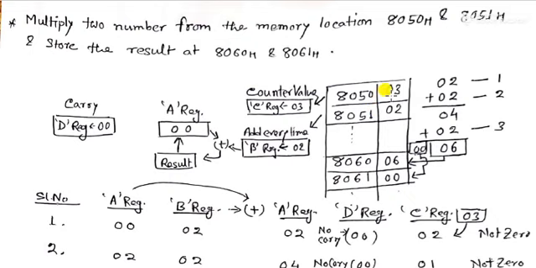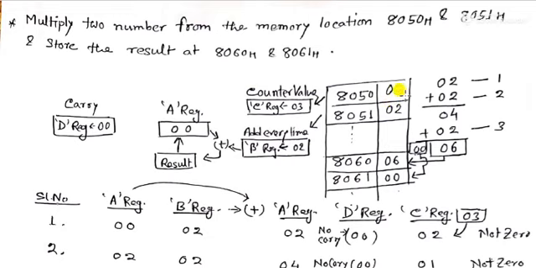So for that, we take an example. In location 8050 the number is 3 and in location 8051 the number is 2. What do we have to do? We have to either add 2 three times or add 3 two times.